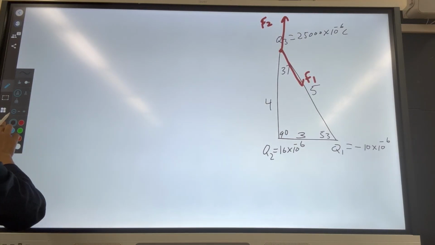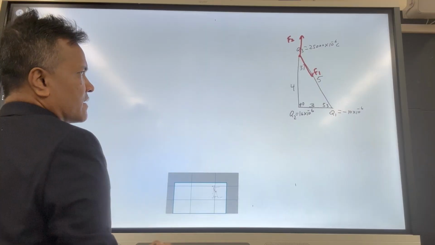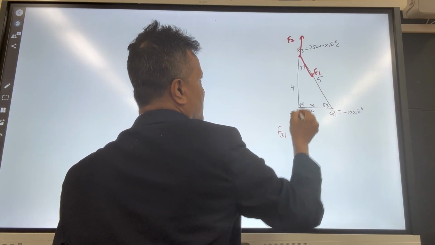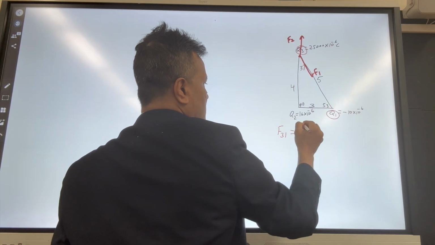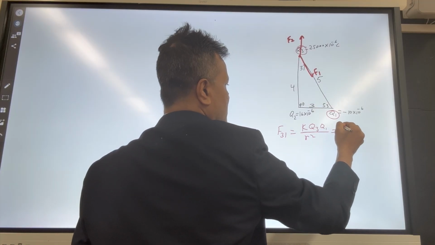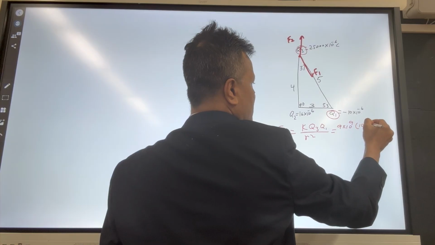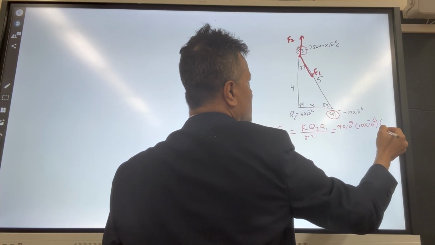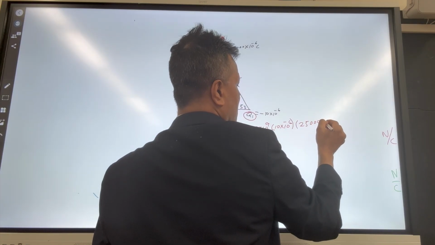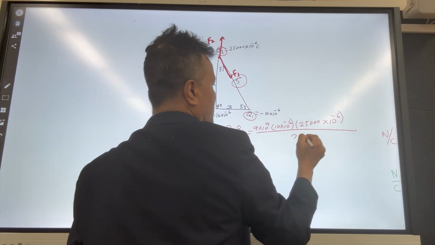Okay, great. Fast, we're going to find F31. What is F31? This is 3, this is 1. K Q3 Q1 over R squared. So K is 9 times 10 raised to 9. Q3 is 25,000 times 10 raised to negative 6, Q1 is 10 times 10 raised to negative 6, all divided by 25 squared.